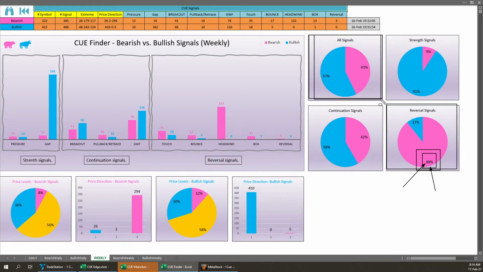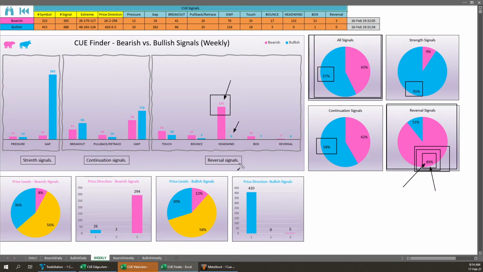Overall, the picture is still bullish. 57% of stock signals are bullish. If we look at strength signals, 91% bullish, trend continuation 58% bullish, reversals 89% bearish. That is the weekly picture, and I always keep an eye on the number of bearish headwind signals at the market top, 132.